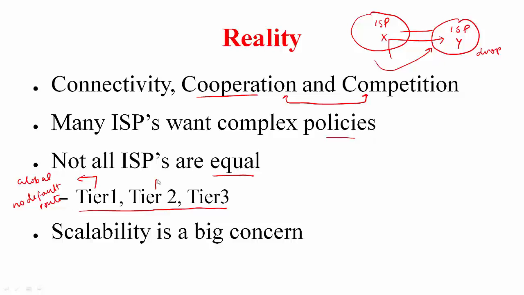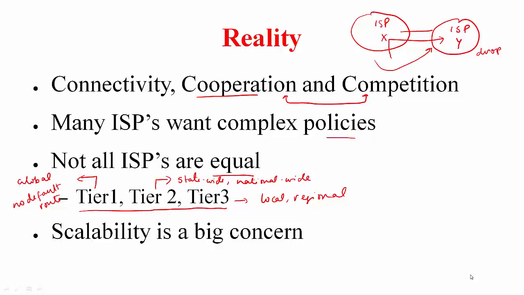Tier 2 ISPs are often statewide or nationwide if the country is small. And they often take the services of tier 1 to reach certain IP prefixes because they don't know how to reach all IP prefixes. And tier 3 are local or regional in scope, which in turn take the services of tier 2 or tier 1 to service their customers.